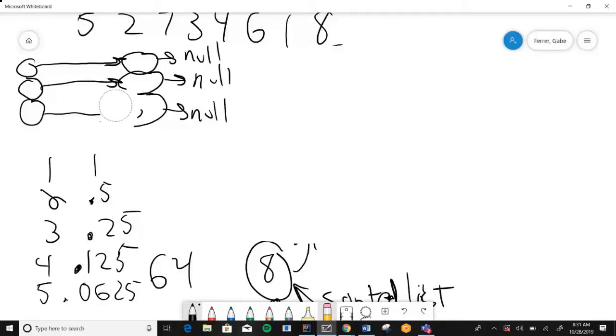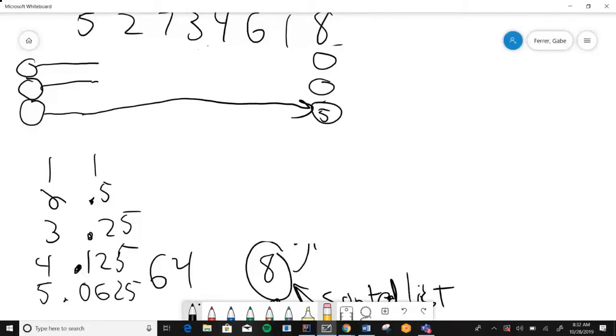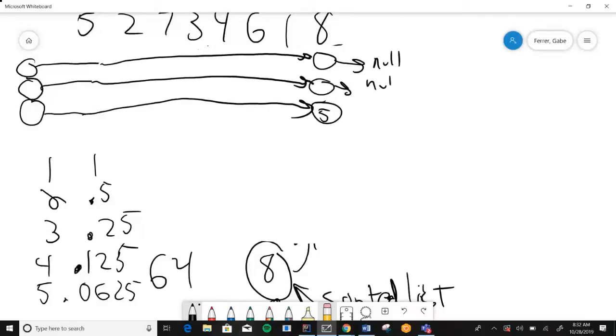So all this is going to be erased for the sake of what we will soon be doing. And these links are going to extend out all the way like this. And then we've got null, null, and null.